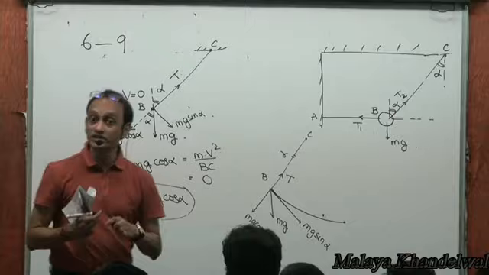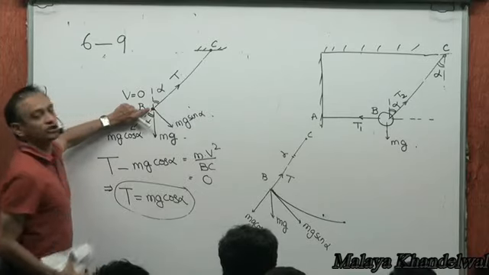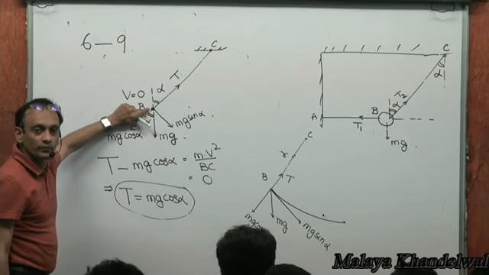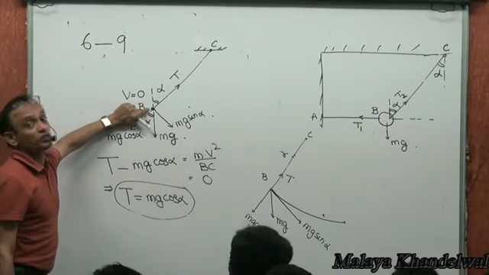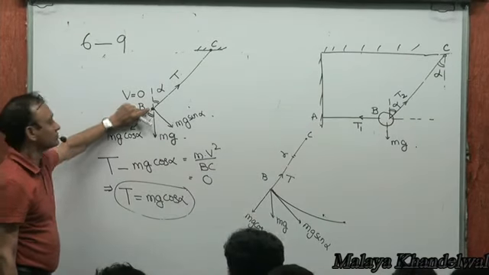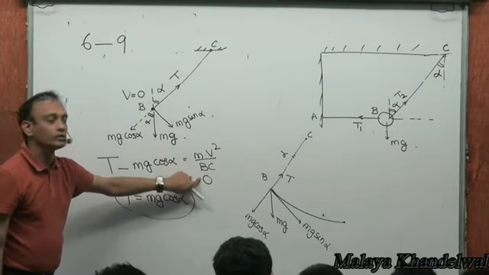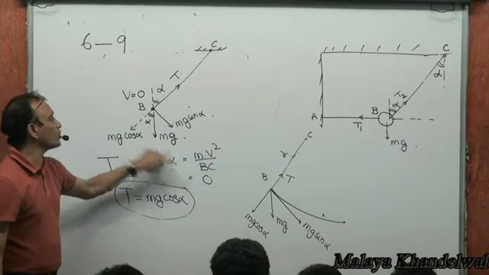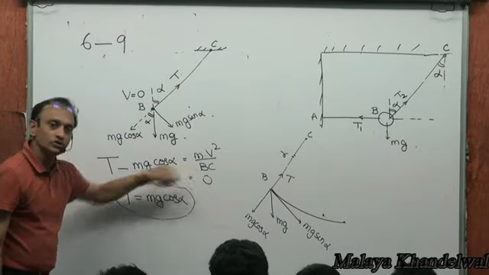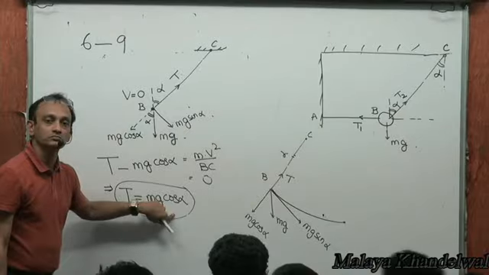If it has to move in a circle, it would have a centripetal force requirement, but at this juncture the velocity of B is 0, right? So what is its centripetal force requirement? 0. m v squared by r: if v is 0, then centripetal force is 0, no? That means T minus mg cos alpha at this juncture is 0. T therefore becomes mg cos alpha. Yes or no?